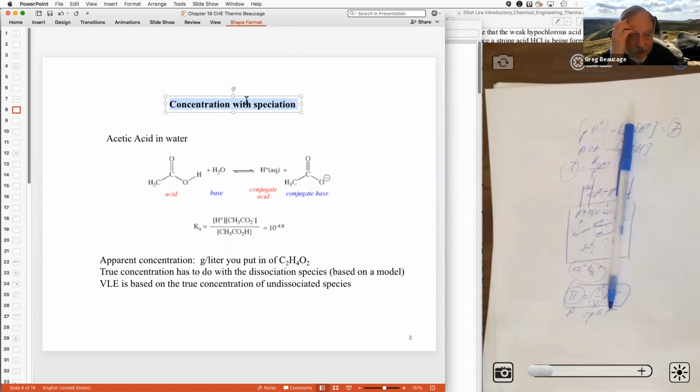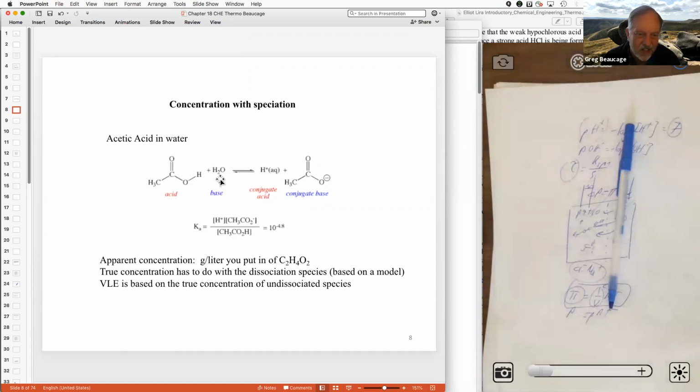So anyway, there's going to be some Ka for dissociation. It's a dissociation constant, right? So it's basically the same thing as a reaction constant. So you use the dissociation as if it's a reaction. So you start with acetic acid, and then there's going to be water involved in the reaction.